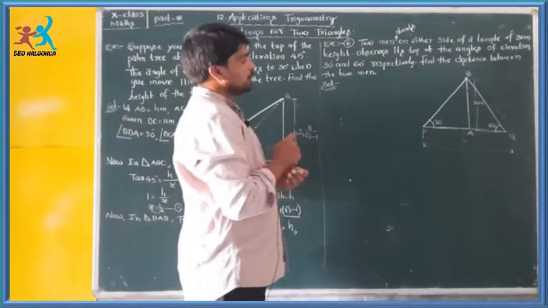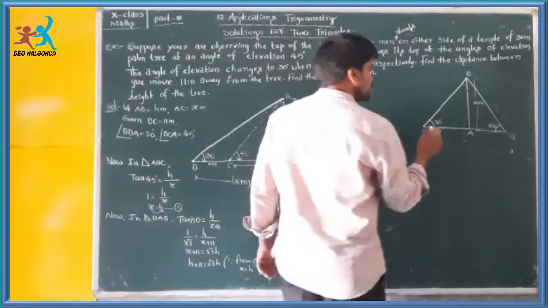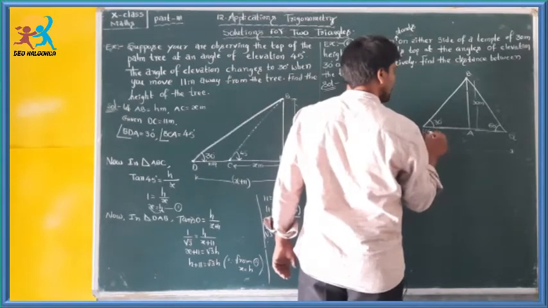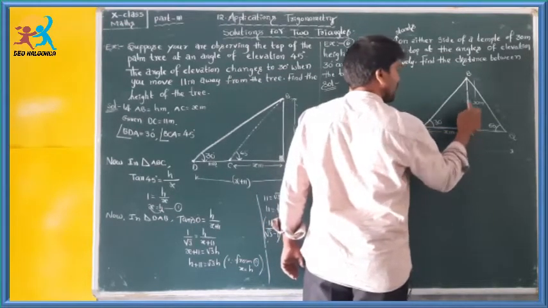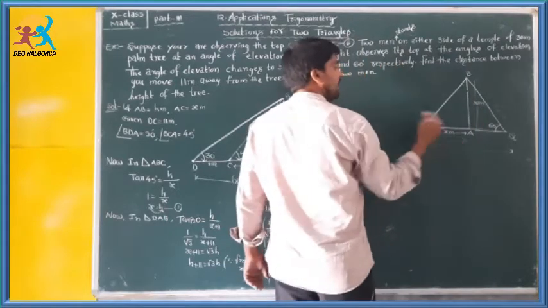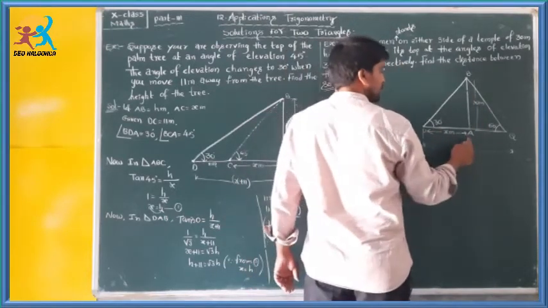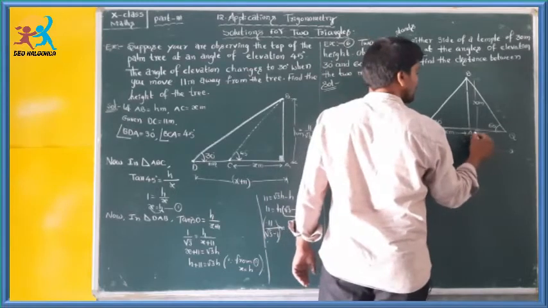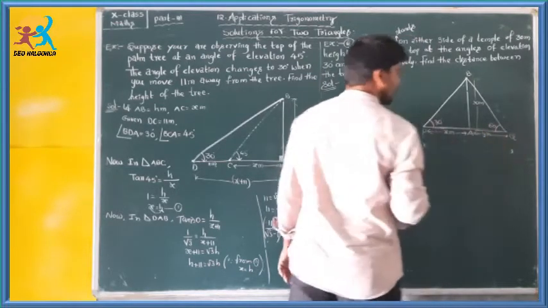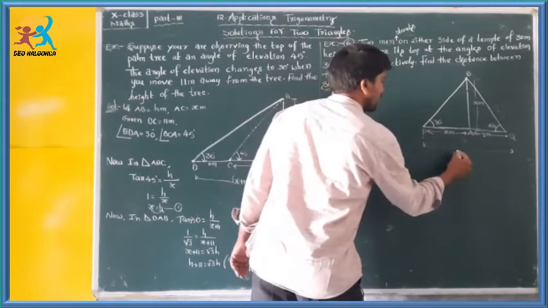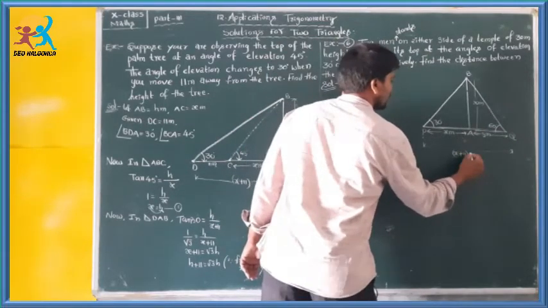For this, let us suppose that the distance between P and A is x meters, and the distance between A and Q is y meters. So we have to find x plus y meters.